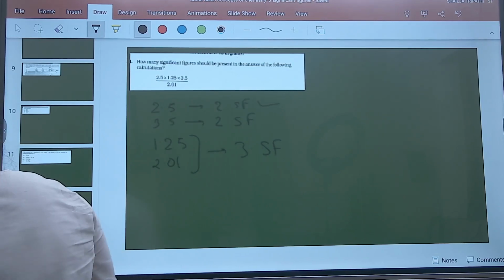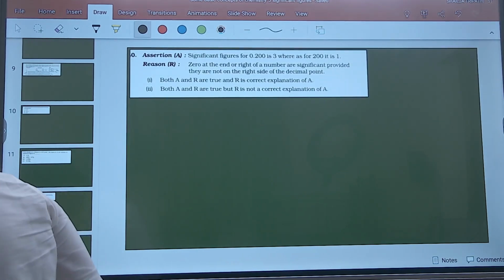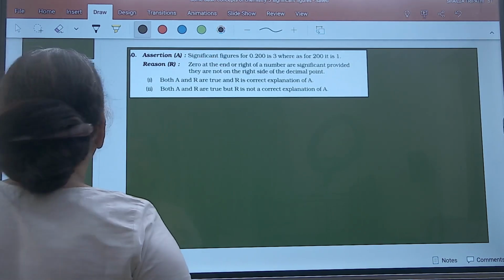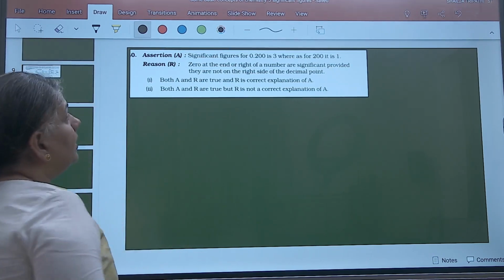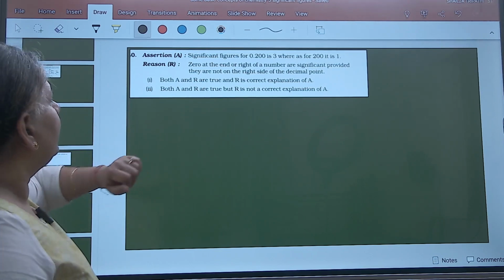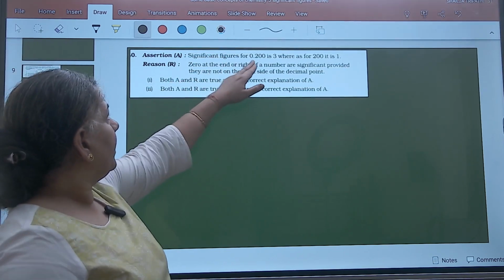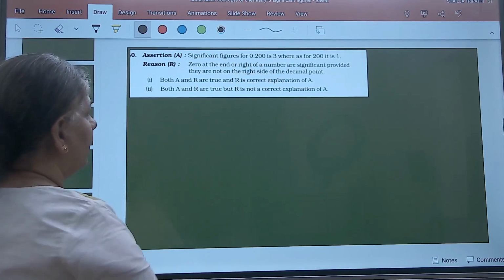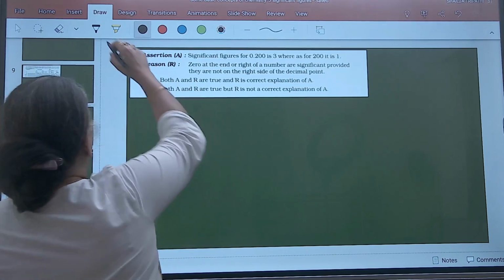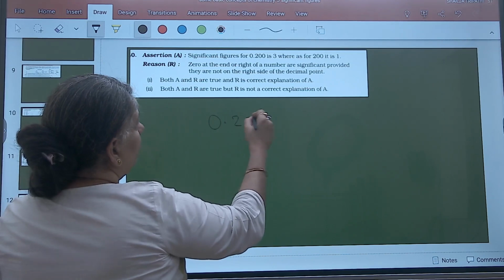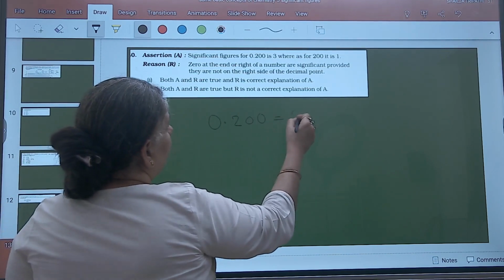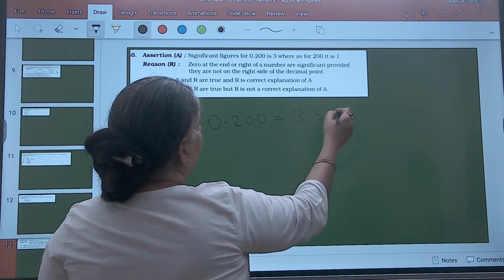Okay, let's come to another question. Okay, this is an assertion reason question. Significant figures for this number is 3. 0.200 is 3. It is correct.